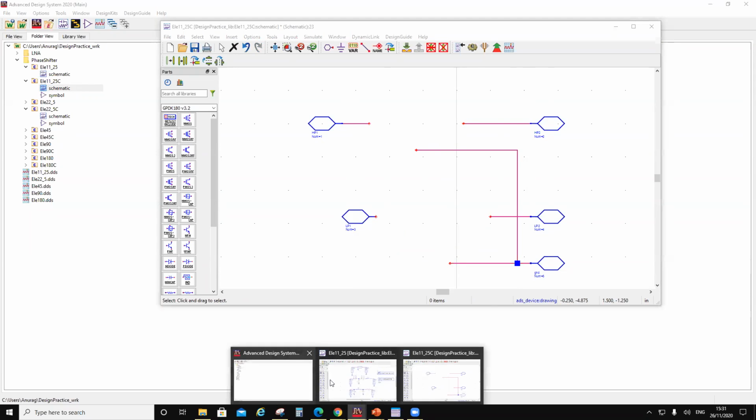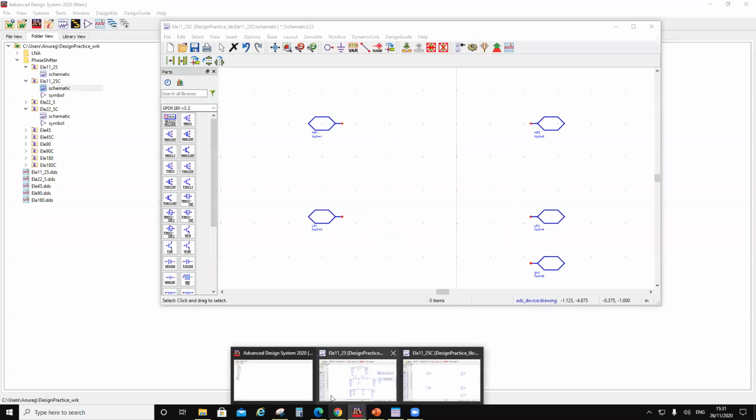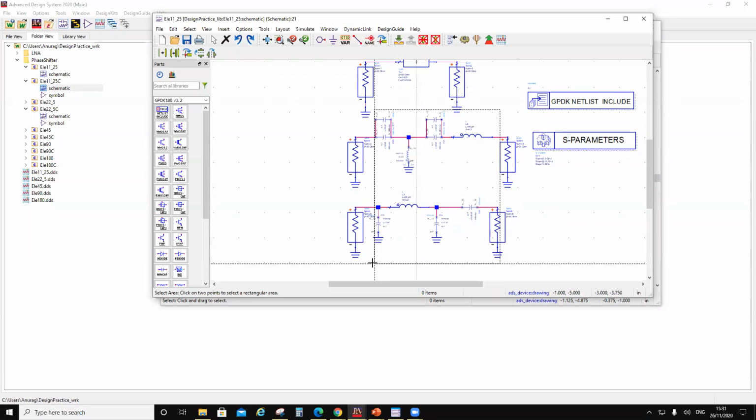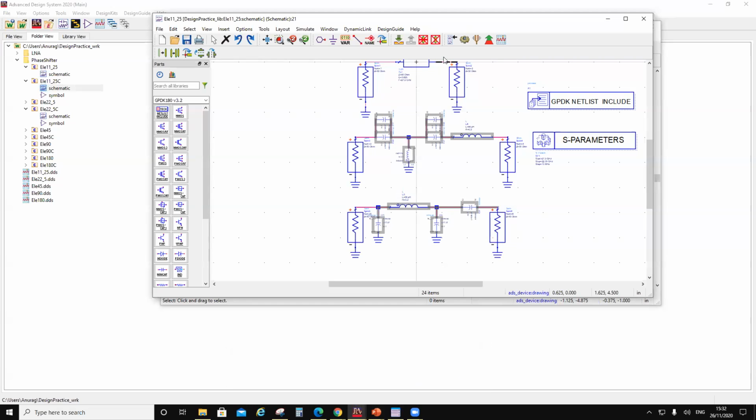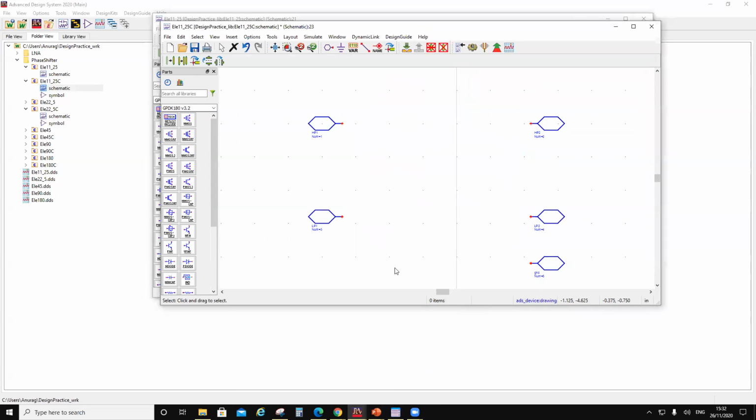Okay, I'm going to copy from here, these which are like this. Control C. And then we are going to do Control V.